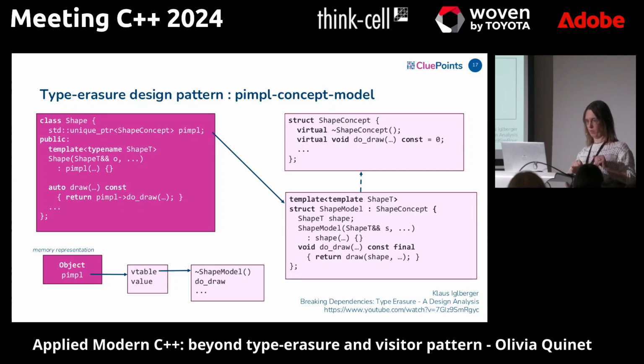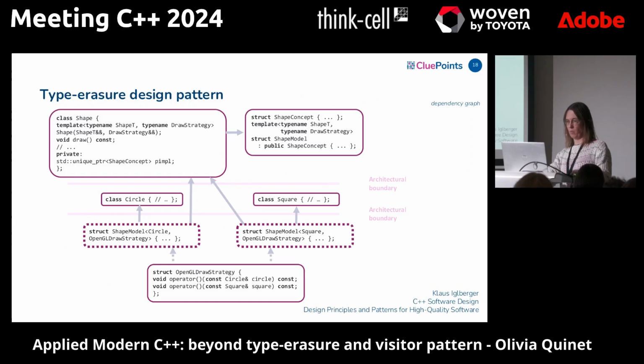The pimpl points to a structure in memory that contains the value that you erased, and a vtable, which is the vtable to the interface for that specific value. So when you go back to the dependency graph, at the top you have the shape, the shape concept and shape model.